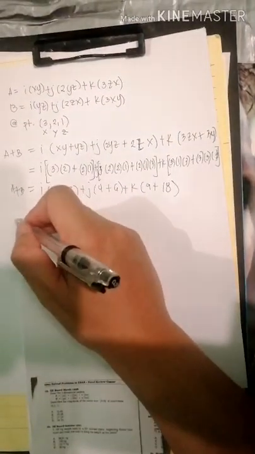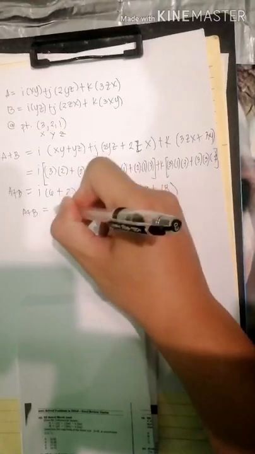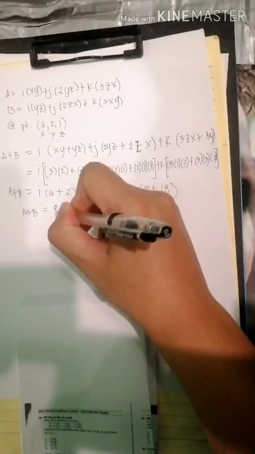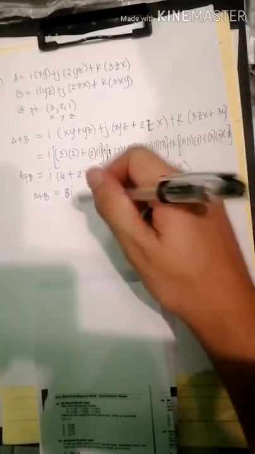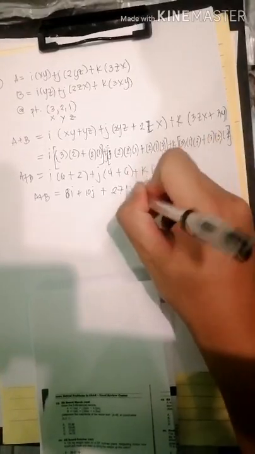So A plus B equals 8i plus 10j plus 27k.